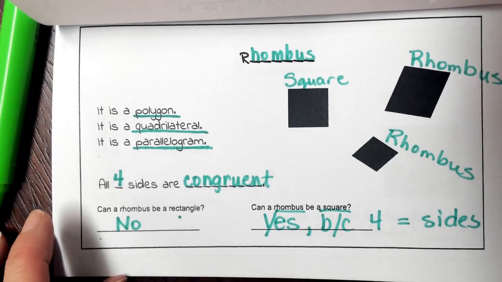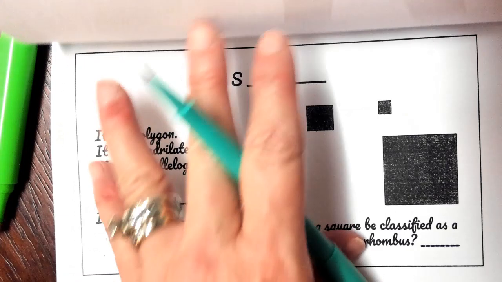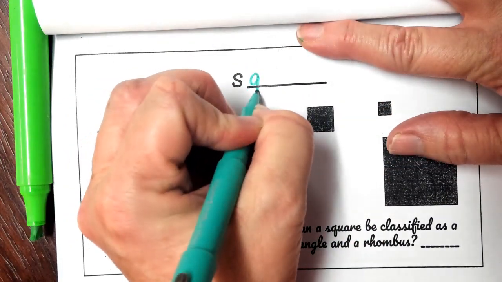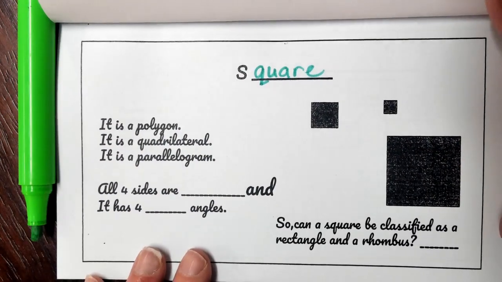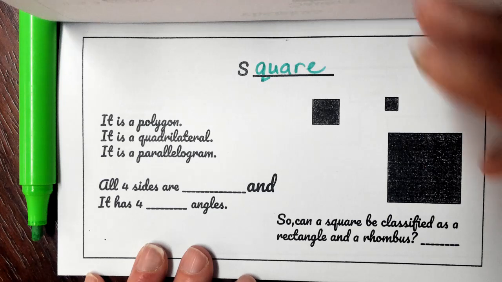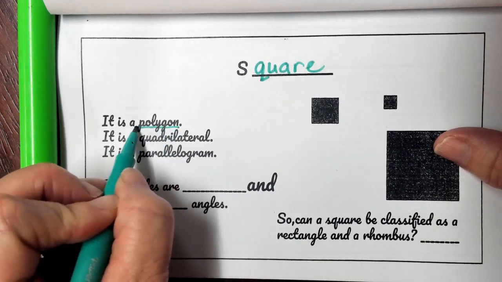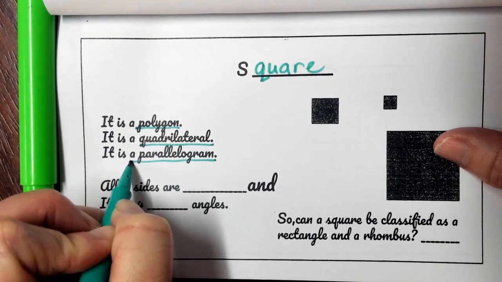All right. And turning the page to our last specialized quadrilateral, that would be our square. Our square is a very unique, very detailed quadrilateral because it is a polygon, it is a quadrilateral, and it is a parallelogram.